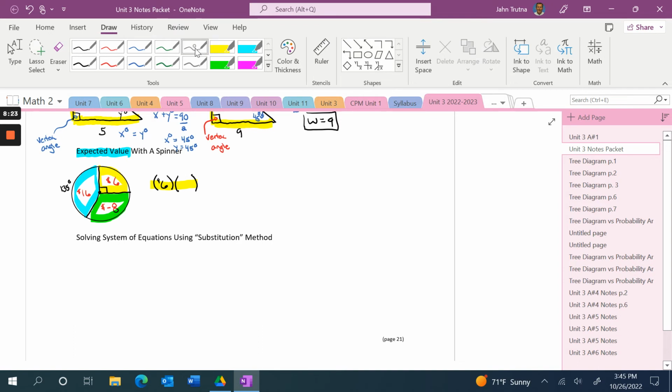So that section is 90 degrees out of 360 degrees, because that is a circle. You reduce that. That tells us that that section is 1/4 of the circle. Okay, so you multiply those two together. It's always the value of the section multiplied with the fraction of the circle that the section is.